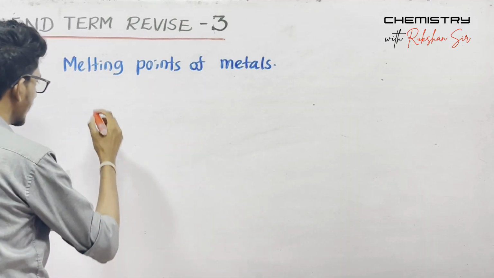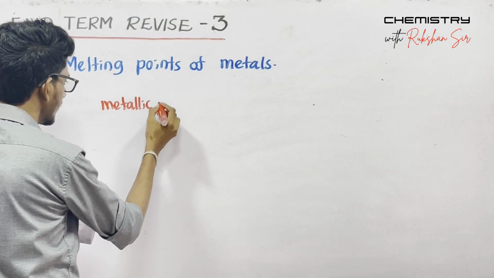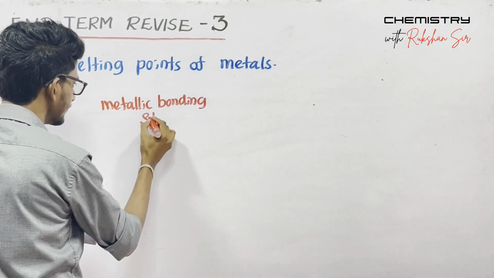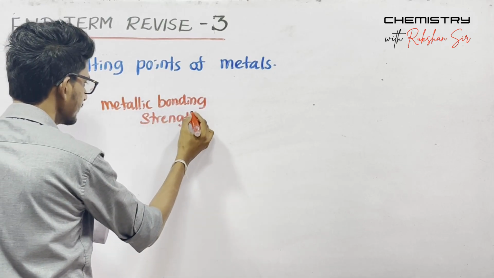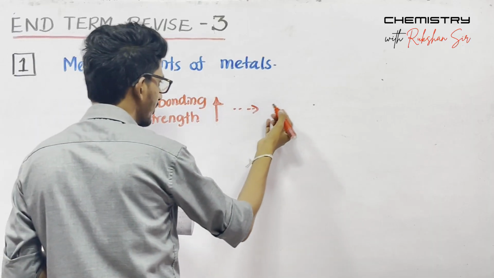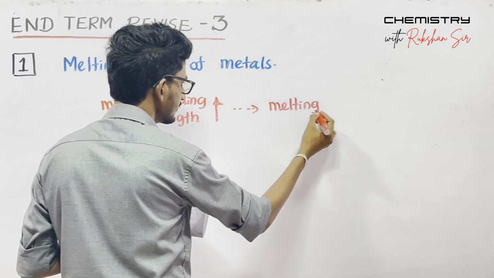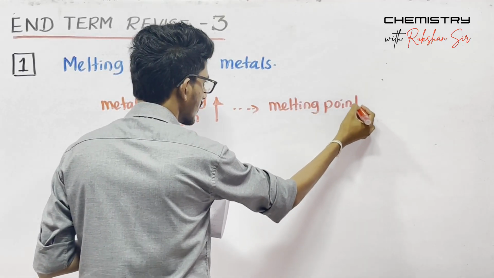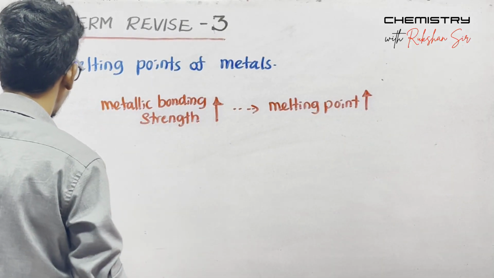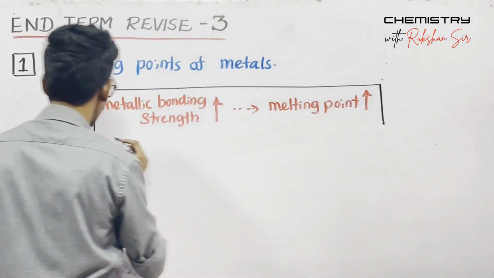So what we know is when metallic bonding strength is high, your melting points of metals are high, right? This is the theory we are going to use as we are discussing the melting points of two metals.